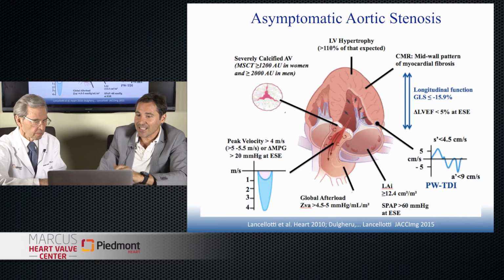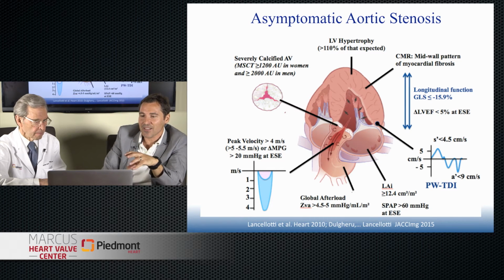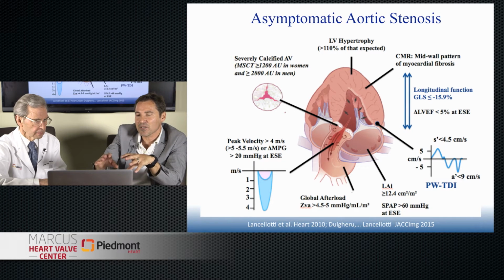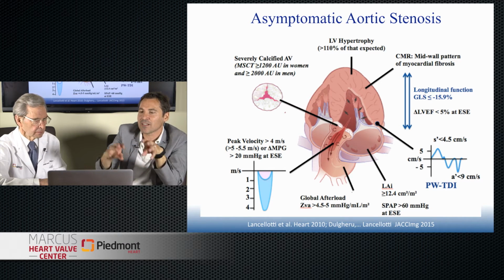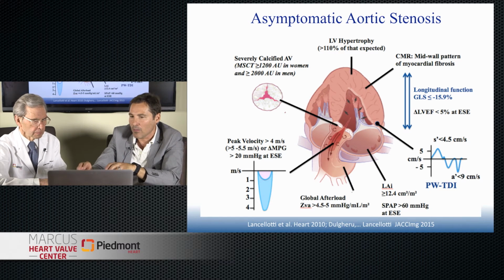Now, another very important aspect is the outcome related to the use of imaging. And here you can see the patients with asymptomatic severe AS, and you have all the imaging data that are associated with a poor outcome.